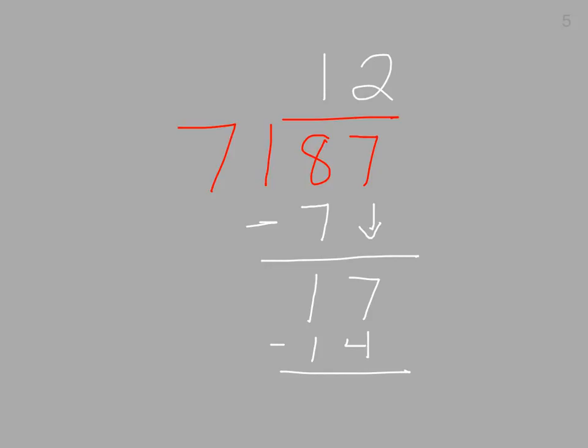Good. 3. Now, my 3 is smaller than my 7, and I don't have anybody else to bring down, so my remainder is 3.